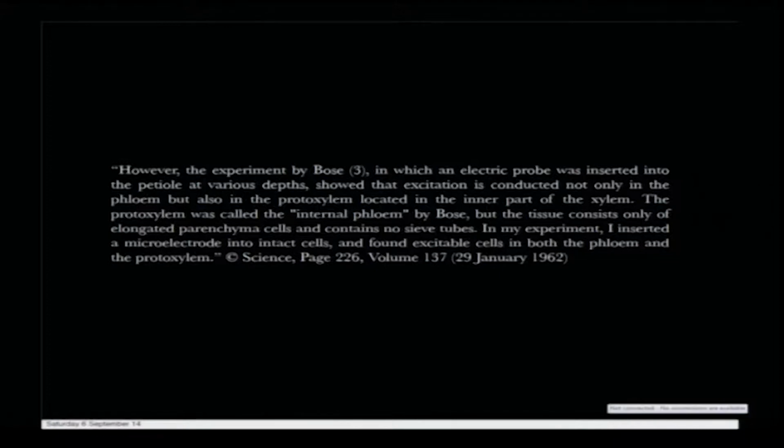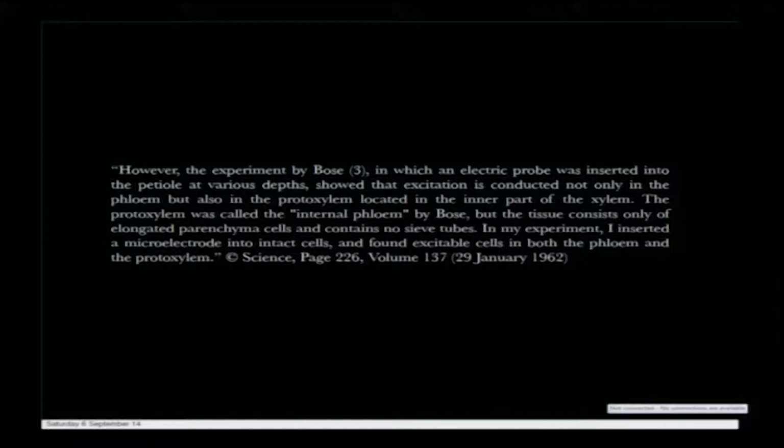The protoxylem was called the internal phloem by Bose, but this tissue consists only of elongated parenchymal cells and contains no sieve tubes. Now, Shibuoka is telling you that in his experiment, he inserted a microelectrode into the intact cell and found excitable cells in both phloem and protoxylem.